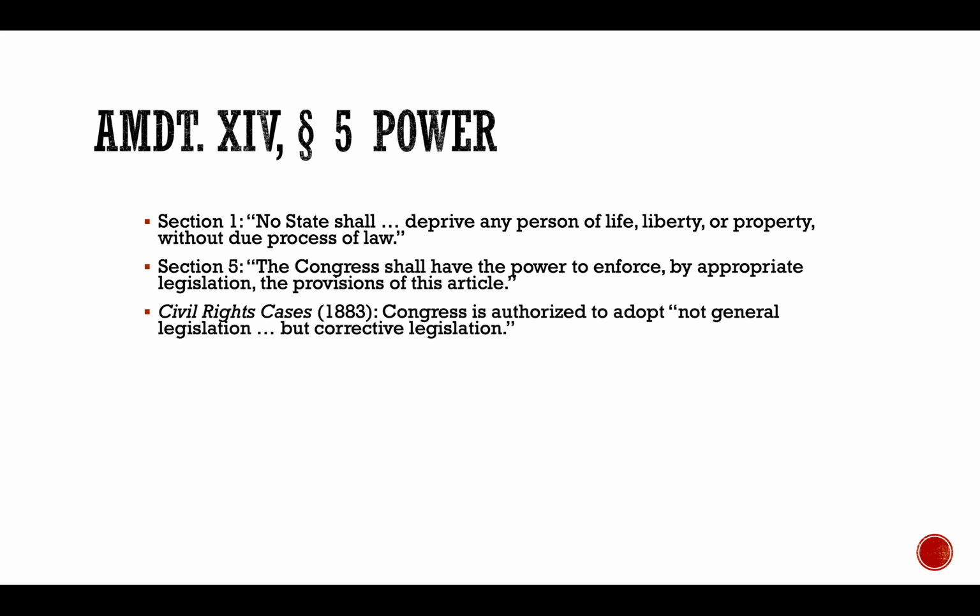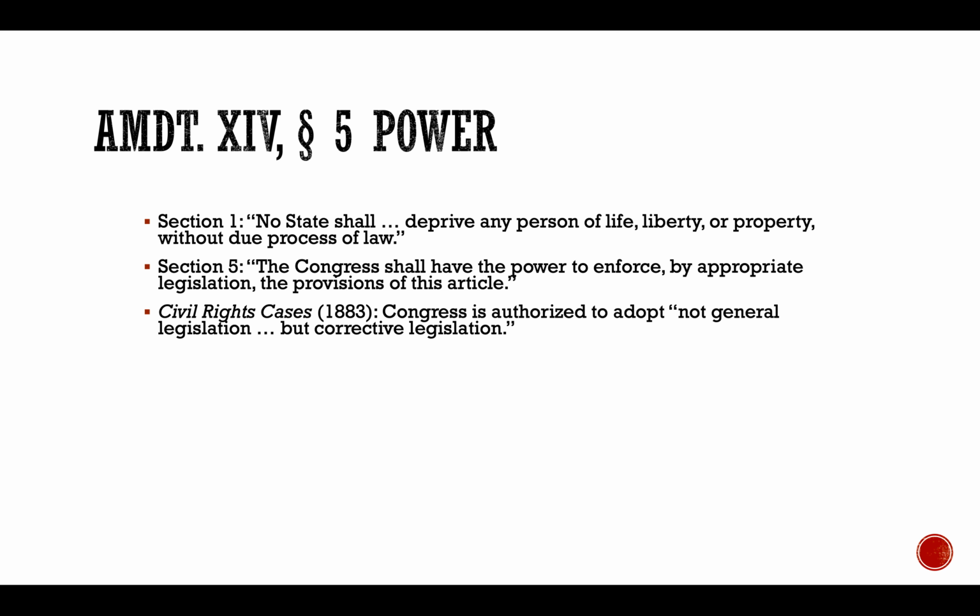So this article is Section 1, which is really nothing but a series of prohibitions. Right? So in order for Congress to enforce that series of prohibitions, what Congress must be doing, according to the court in the civil rights cases, is setting out legislation that's not legislating with some big program in mind, like it can do when it enacts legislation under the Commerce Clause.